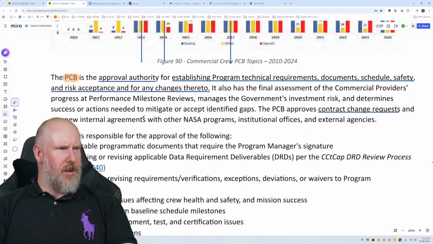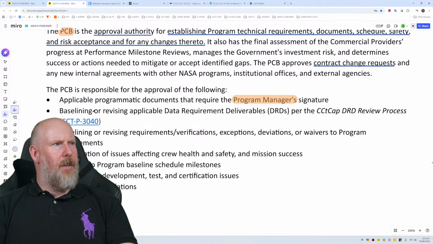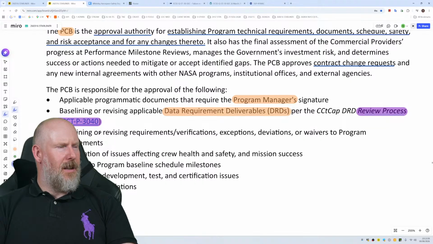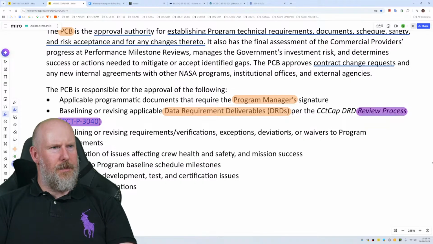The PCB is responsible for the approval of the following applicable programmatic documents that require the program manager's signature: baselining or revising applicable data requirement deliverables per the DRD review process, baselining or revising requirements, verifications, exceptions, deviations, or waivers to program requirements, adjudication of issues affecting crew health and safety and mission success.